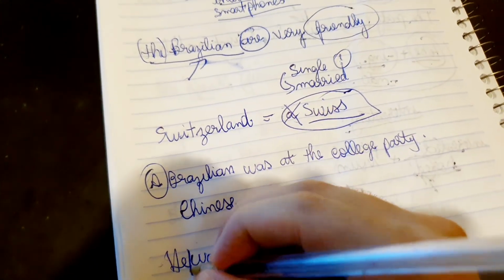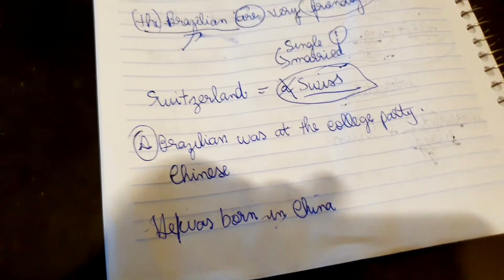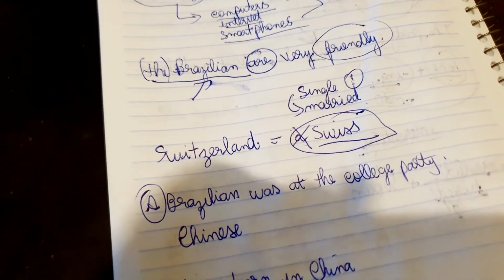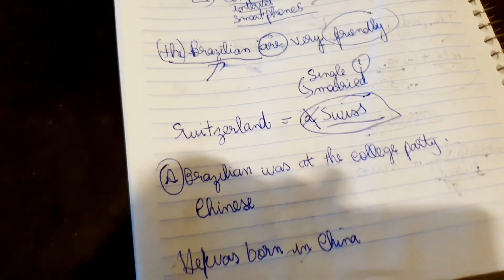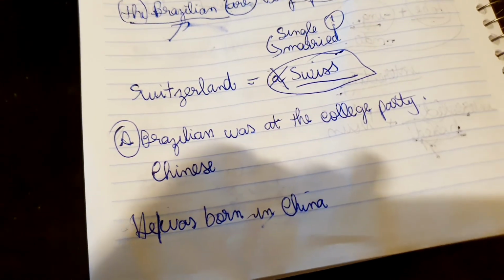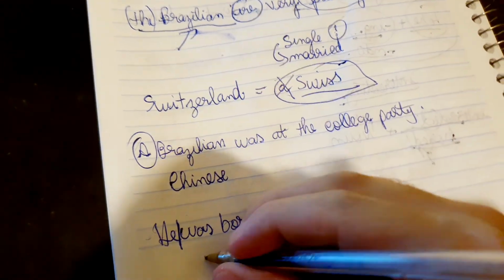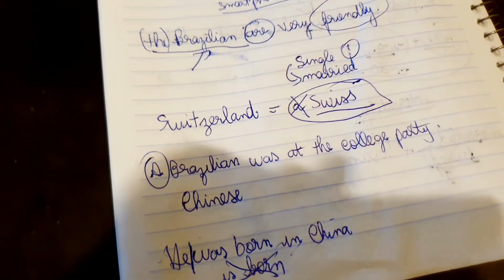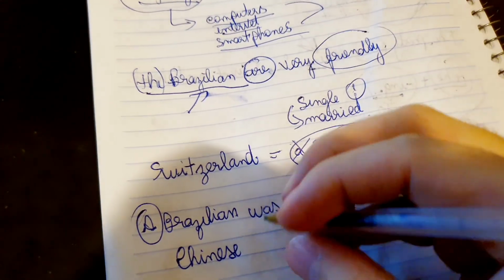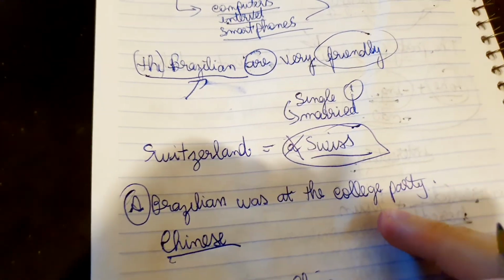I wasn't born in China, I was born in Brazil. So a person who was born in China is Chinese. Don't use is born. Is born is incorrect. It doesn't exist, okay? So was born. A person who was born in China is Chinese.